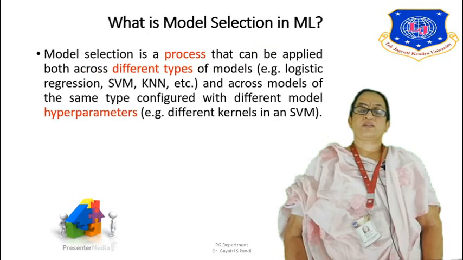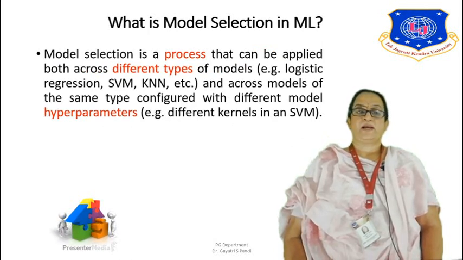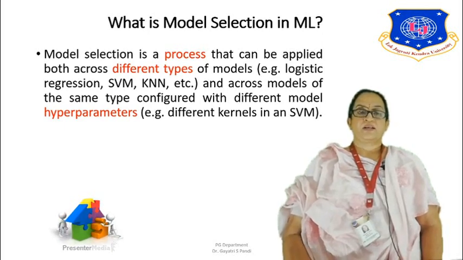Model selection is a process that can be applied across different types of models, for example logistic regression, SVM, support vector machine, or KNN, that is K nearest neighbor, etc. Various other models could be considered. And it can also be applied across models of the same type configured with different hyperparameters, for example different kernels in an SVM.